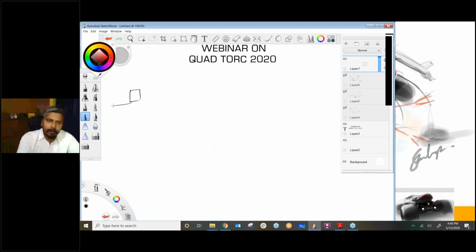Now you can calculate the force inside the caliper. What will be the force inside the caliper? Pressure inside the tandem master cylinder or pressure inside the caliper, they both are equal, into area of the caliper.